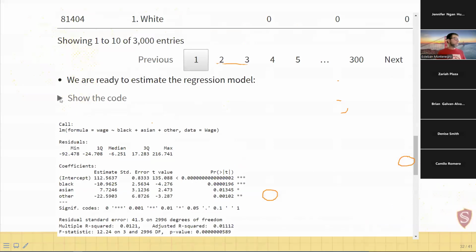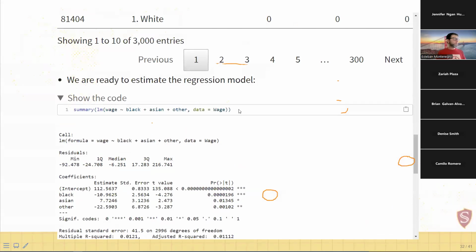Okay, now if you scroll down, you will see the regression that I did. So look at the model. Now the model has three new predictors because I have three new variables or columns in my dataset: black, Asian, and other. Remember, black is 1 if you're black, 0 if you're other.